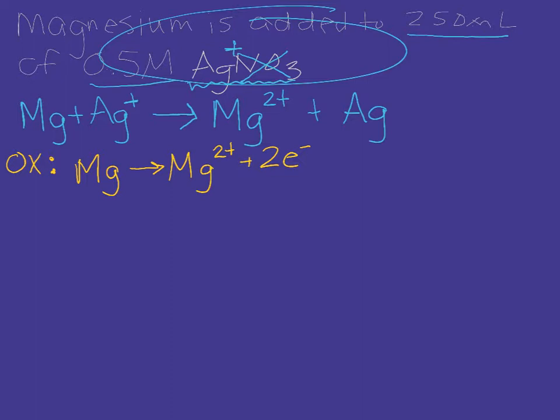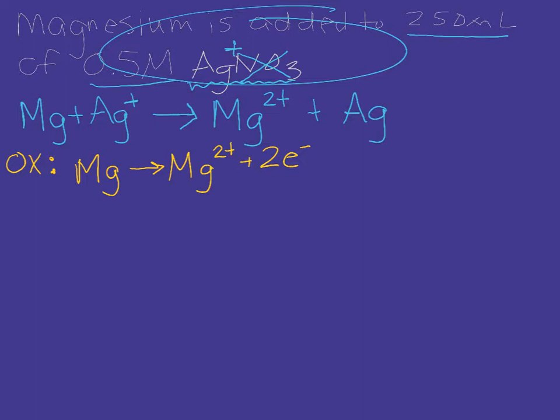And now we're going to go to our reduction potential chart, the yellow sheet of paper. We've got magnesium, and on the chart, the reaction is flipped over because this is not written as a reduction, but instead it's an oxidation. So not only is the reaction flipped over, the sign is also flipped for the E value.